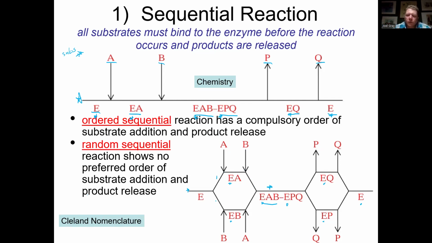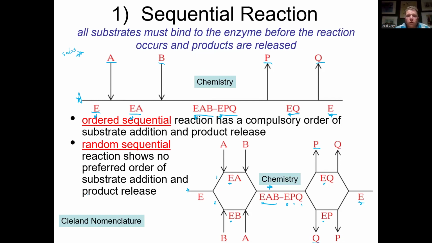Because an alternative to that is where E binds to B, and then A binds to EB, giving us that EAB or EBA complex. Once that all forms, a reaction can take place and our products can be generated. Our products are going to be released either P first and then Q, or Q first and then P. And we're going to end up with our free enzyme again.